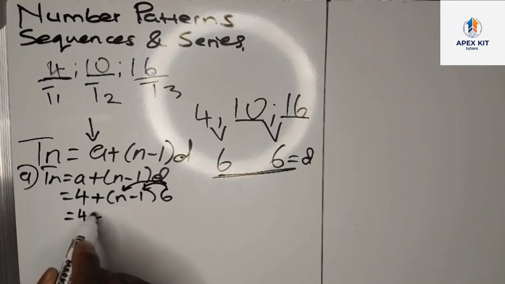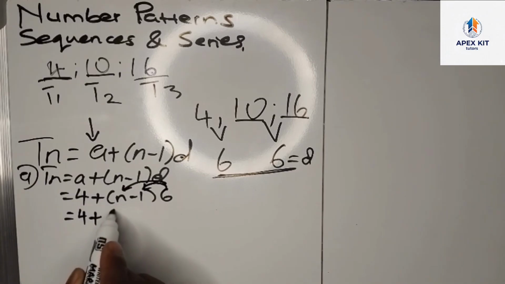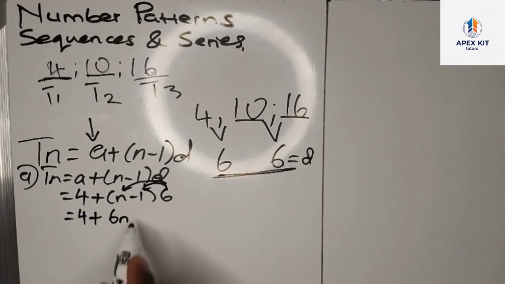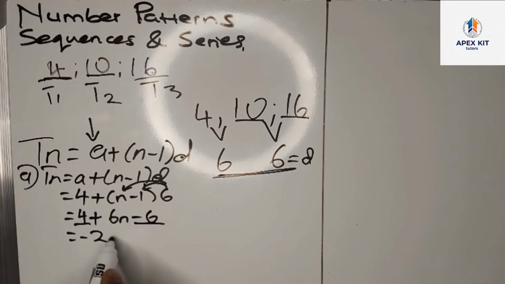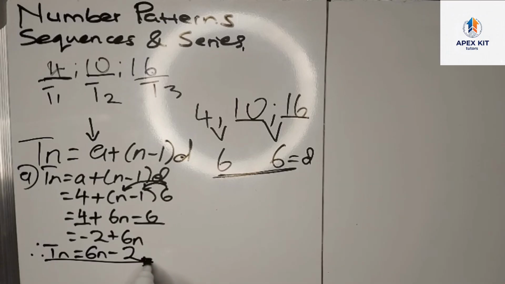So it's 4 plus 6 times n, which is 6n. 6 times negative 1 is minus 6. We group the like terms together. What is 4 plus a negative 6? It gives us negative 2 plus 6n. Then we come back, we got our general term, and we write it in a proper way: Tn equals 6n minus 2.